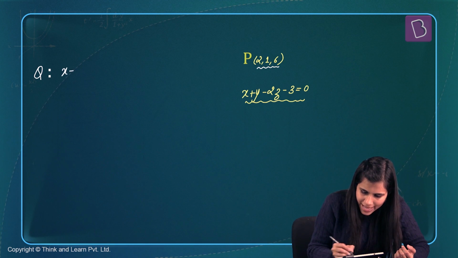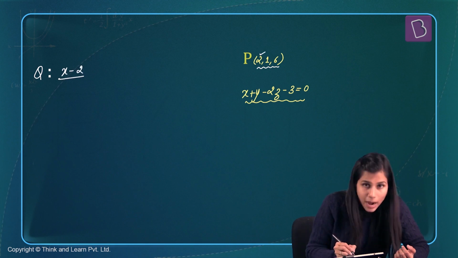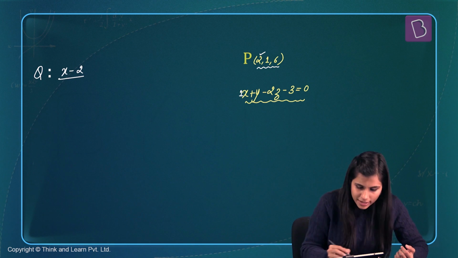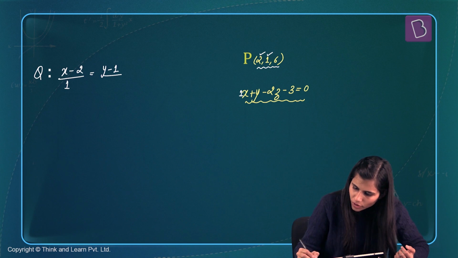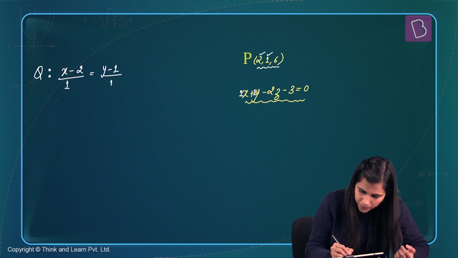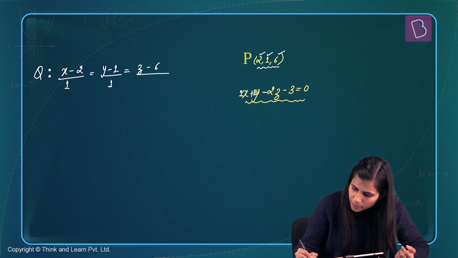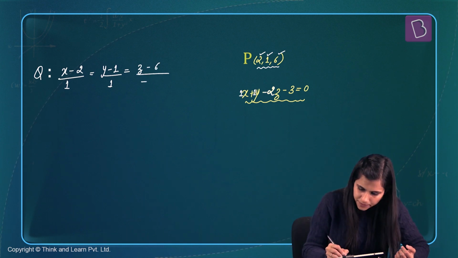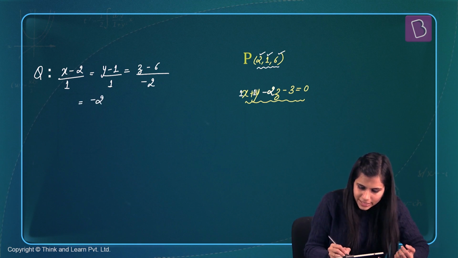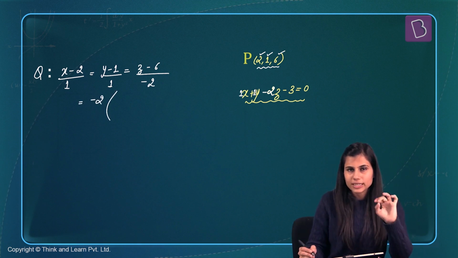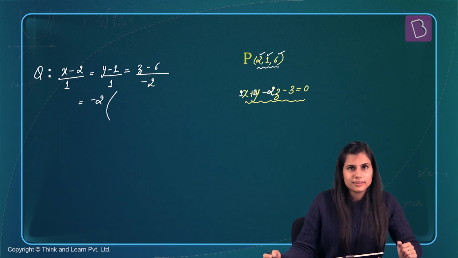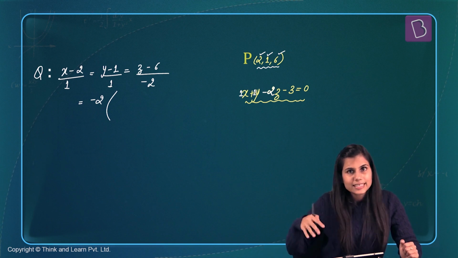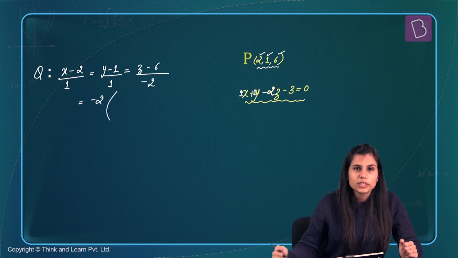So this is given by (x minus 2) upon this 1 equals (y minus 1) upon this 1, equals (z minus 6) upon this minus 2, that is the coefficient of z, equals minus 2 times, that is what you should remember when it comes to the image, minus 2 times what? Well, in this entire left hand side, wherever there is x, y and z, you plug in the x, y and z coordinates of point P.